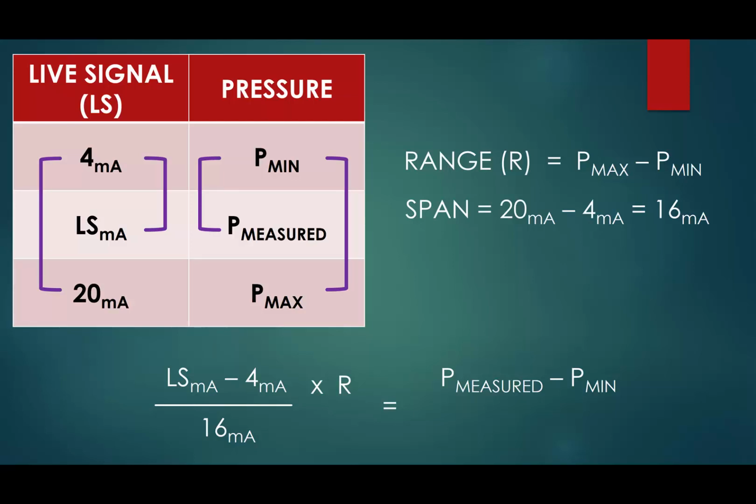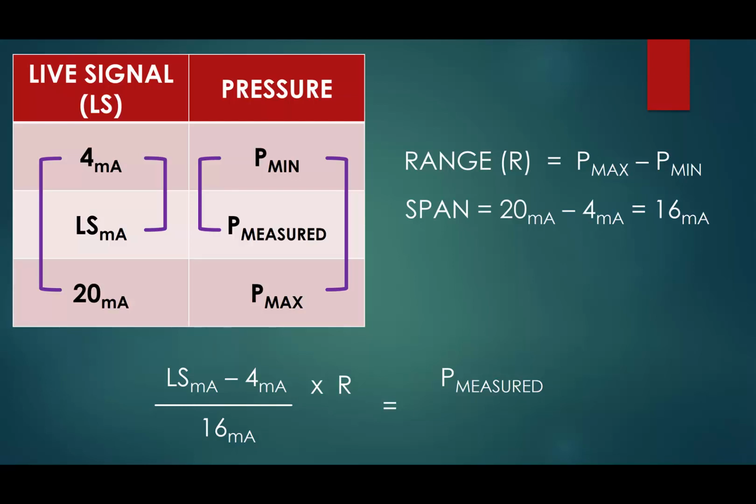The thing to keep in mind is what it really is equal to. And this is the reason why it's challenging to put on our formula sheet, because the variables can change, but it also is different depending on what the value is at the bottom end of our range. If it's 0, then it's very simple, because when you subtract 0, it just goes away. So the simplest form of this equation is LS minus 4 divided by 16 times range is equal to the pressure that we measured, the exact pressure that the instrument is reading.